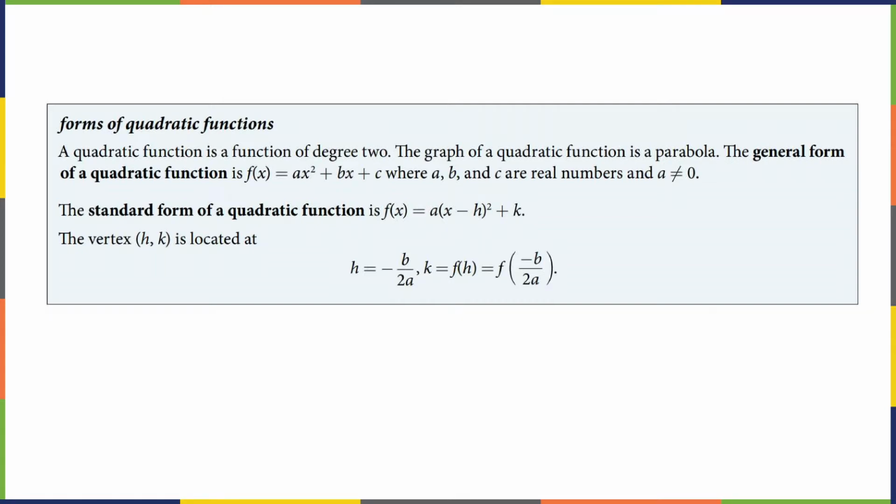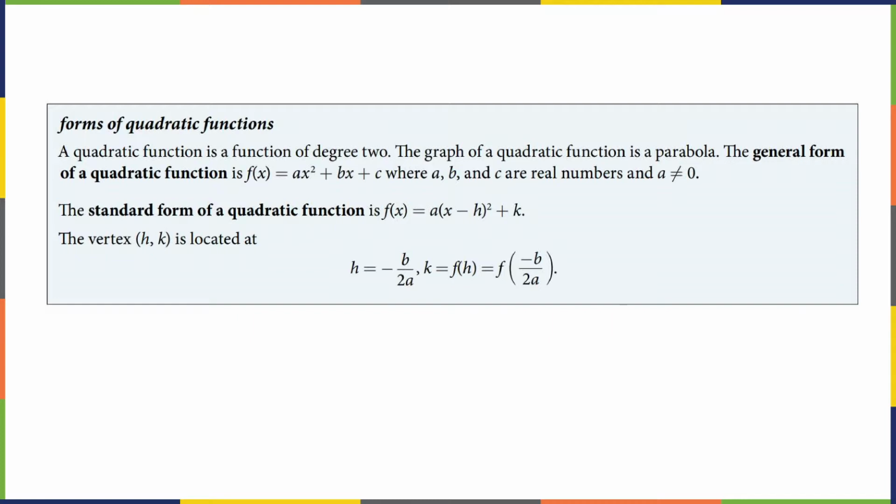So if you have a quadratic function, first of all, notice that its degree is 2 and its shape is a parabola. We know its general form is ax squared plus bx plus c. We know its standard or vertex form is a times (x minus h) squared plus k.